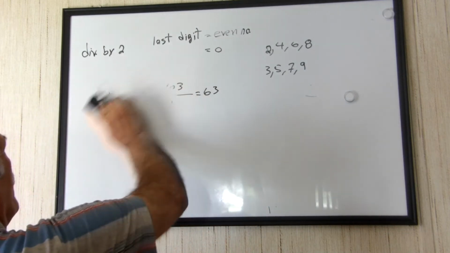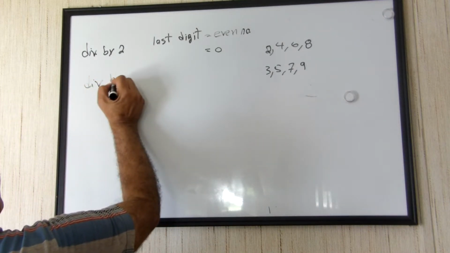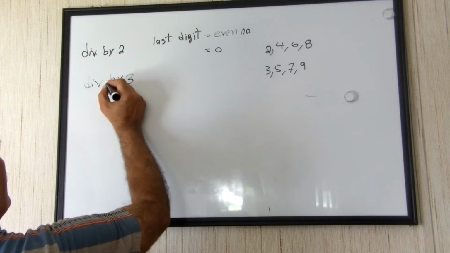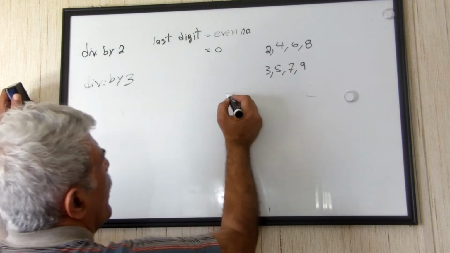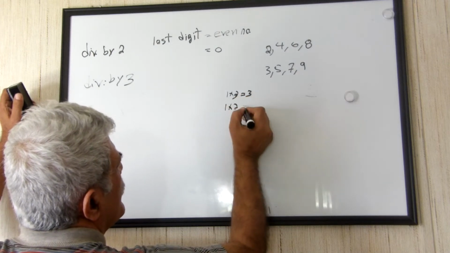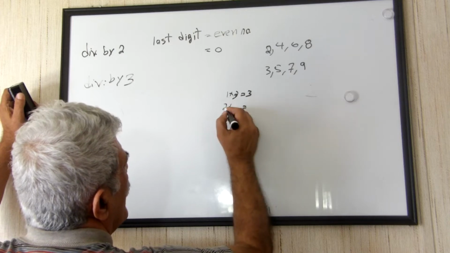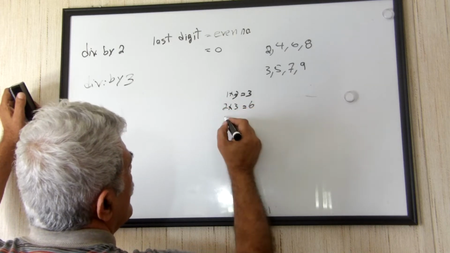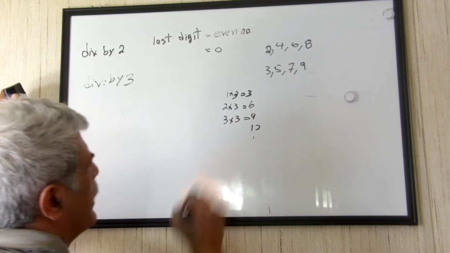Now let's talk about those numbers that are divisible by 3. You know that 1 times 3 is equal to 3, 2 times 3 is equal to 6, 3 times 3 is equal to 9, and 12 and so on.